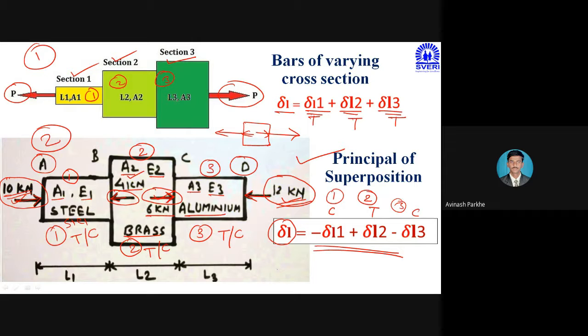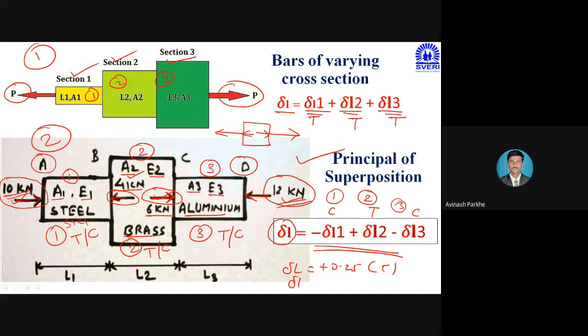And at the end, if I get the total deformation positive, for example 0.25, I can say that after applying this much amount of external as well as internal load, the length of the bar increases.